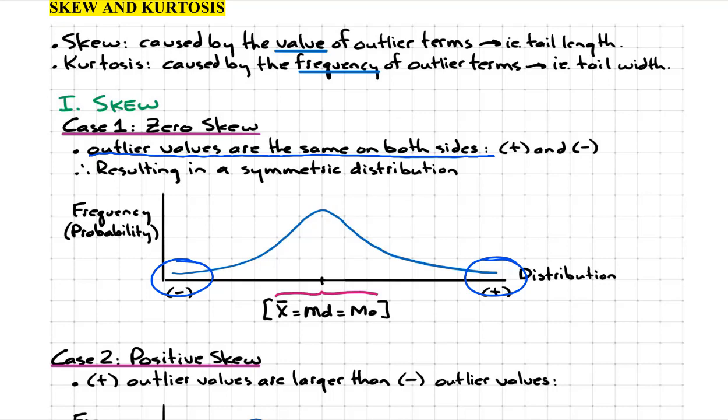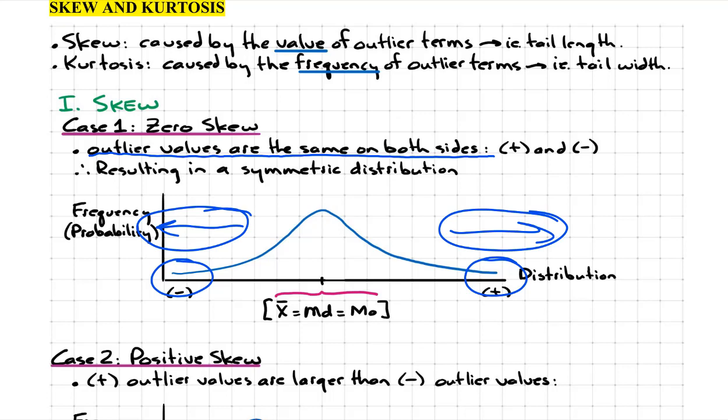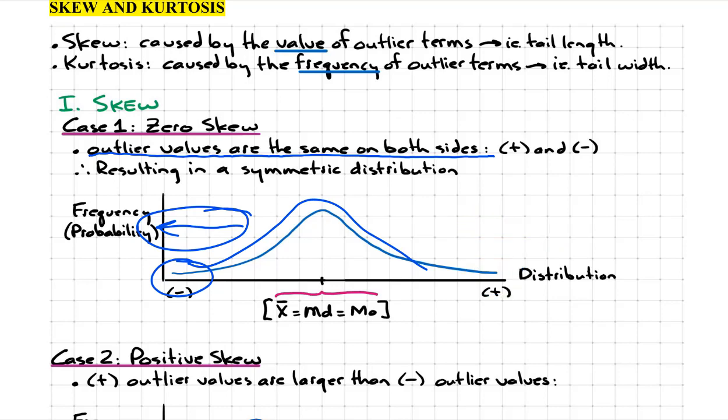Therefore, it results in a symmetric distribution. Both tails, the positive tail and the negative tail, have the same stretch, if you will. If these two are stretching at the same rate because the positive and negative numbers are equal in size, then the distribution will remain symmetric.